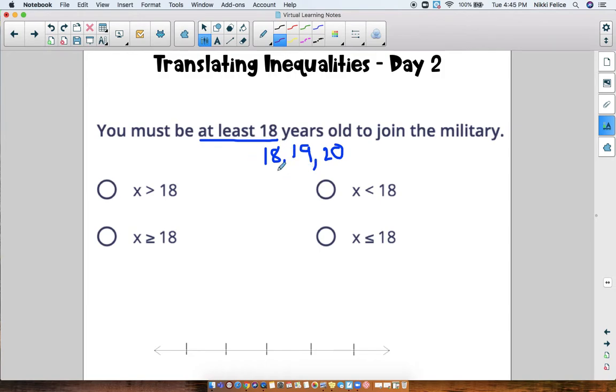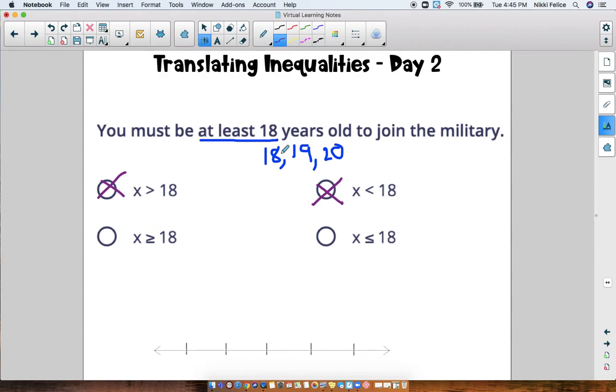For this one, we can include 18. So that means right away we know that's not an answer and that's not an answer, because both of these symbols, greater than and less than, mean that 18 is not an option. But in our problem, 18 is an option because you can be 18 years old and be in the military. So now we have to figure out which one of these is our answer.